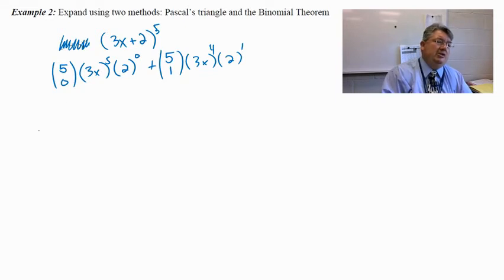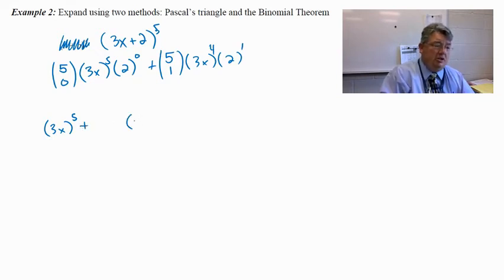Now, I'm going to show you something for a second. Let's line this up. I'm going to have 6 terms because it's to the power of 5, right? So the first term is going to have a 3x to the power of 5. I'm going to pick out patterns. So it's going to have 5 of those, but it's going to have none of the 2's. Plus the next term, and I'll leave myself some space.